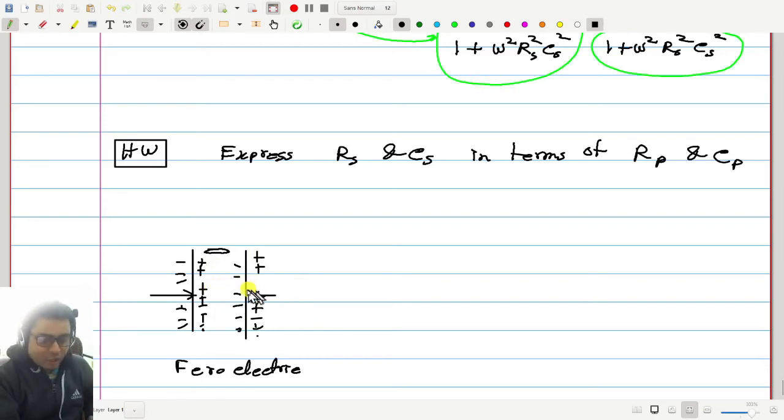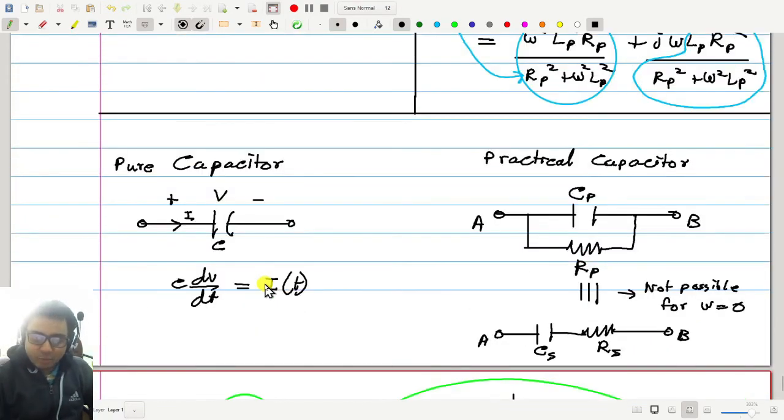So all these things also cause energy loss, and all those energy losses are modeled via this Rp. This is a simplified model under some simplified assumptions, to incorporate all those other losses also.